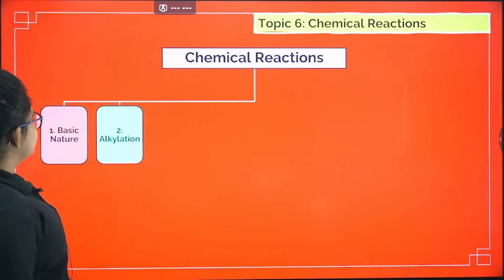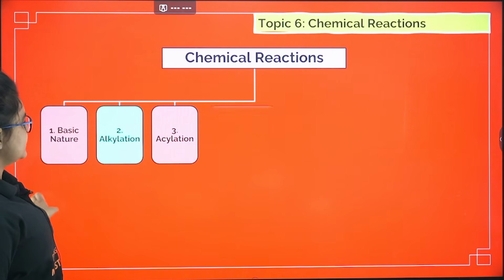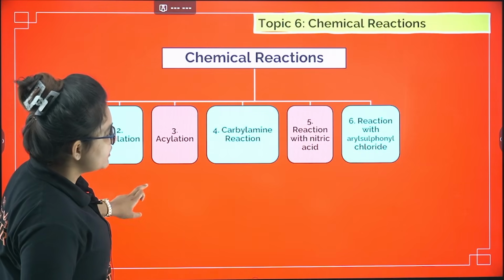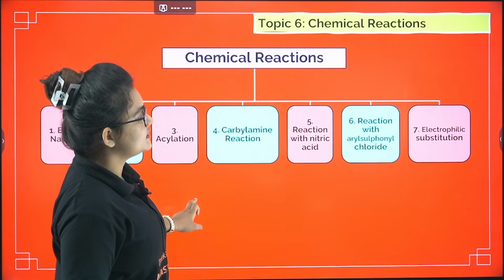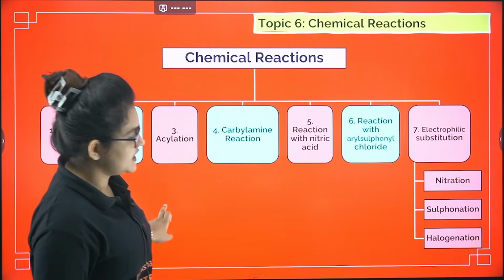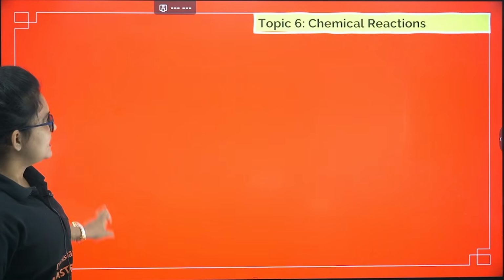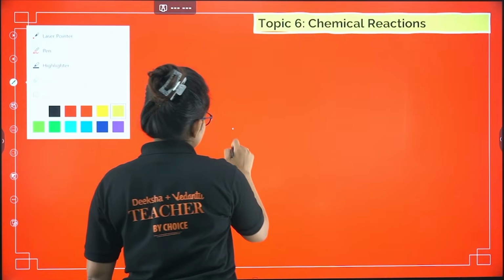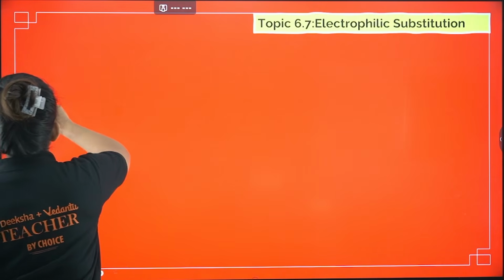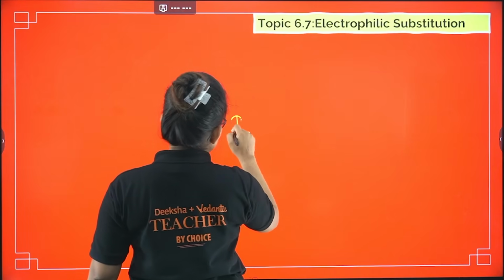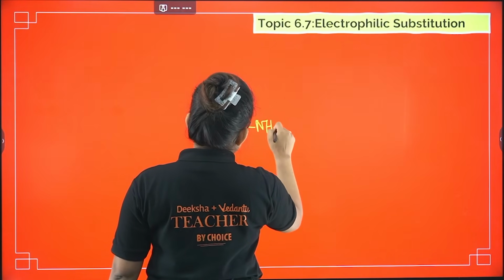In chemical reactions, we will proceed with the basic nature, alkylation, acylation, carbylamine reaction, reaction with nitric acid, reaction with aryl sulfonyl chloride, and electrophilic substitution reactions, there nitration, sulfonation, halogenation. So let's proceed with the chemical reactions one by one. We are going to start from RNH2.